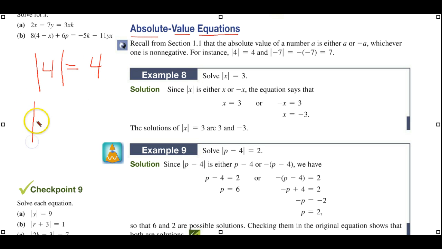But if we had a negative 4 in there, the absolute value of that negative 4 would have been 4. So what was there originally? Was it a 4 or a negative 4? Well, we don't know because it's an x. It could have been a 4 or it could have been a negative 4.